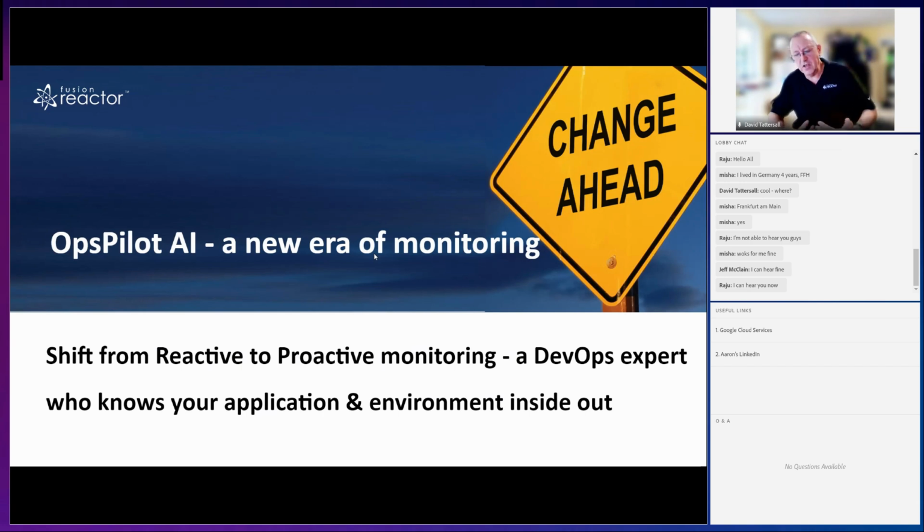And it's almost like having a DevOps expert who intimately knows your application, who is sitting with your application 24/7, watching over it, and being able to understand what's going on and being able to respond in order to provide you the exact information that you need in order to address an issue, whether that issue would be a performance problem or a stability problem. That's essentially what OpsPilot provides you.